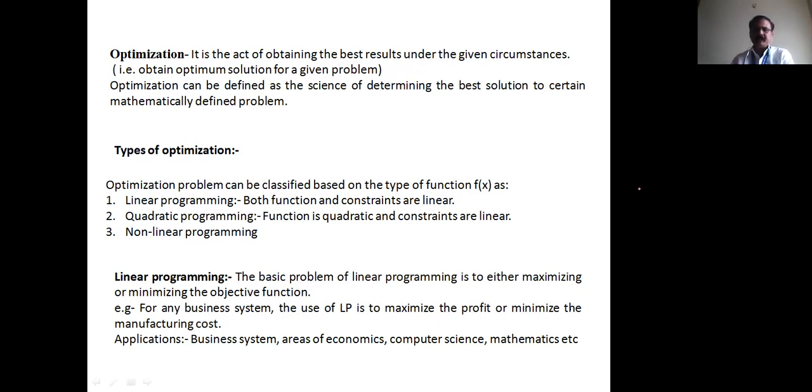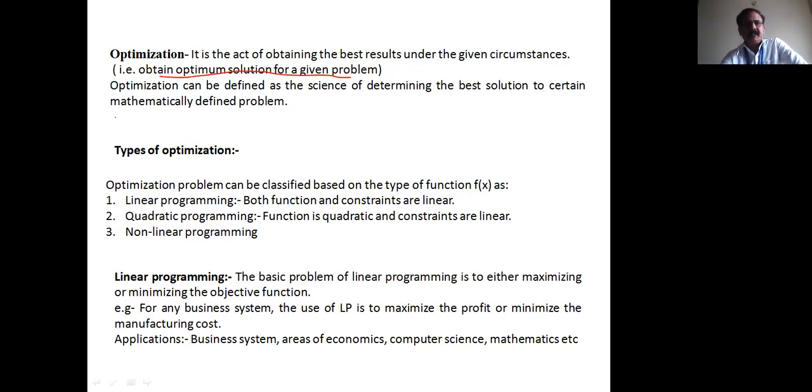Most of the optimization problems are having more than one solution. So optimization techniques are used to find out the best results amongst these available solutions. That is, here we are going to obtain the optimum solution for the given problem amongst the available solutions.